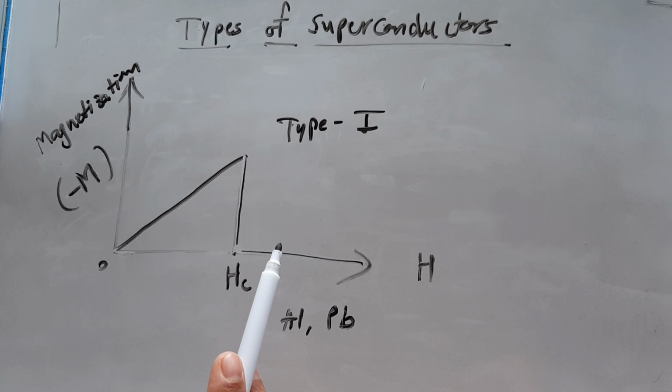Superconductivity gets destroyed at low values of critical field, and hence it cannot be used in producing large magnetic fields.